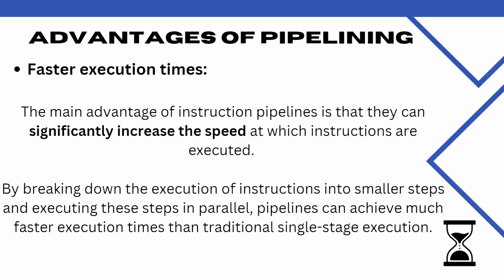advantages of pipelining. First advantage of pipelining is faster execution time. The main advantage of instruction pipelines is that they can significantly increase the speed at which instructions are executed. By breaking down the execution of instructions into smaller steps and executing these steps in parallel, pipelines can achieve much faster execution times than traditional single stage execution.